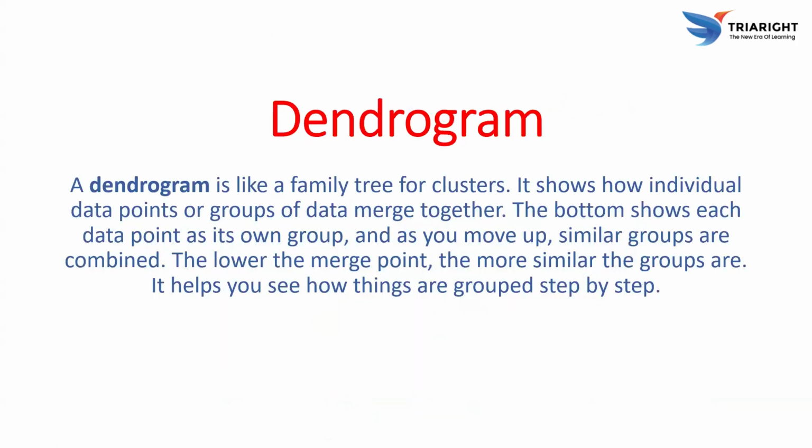So now, what is a dendrogram? In the hierarchical algorithm, we can see here what a dendrogram is. A dendrogram is like a family tree for a cluster. It shows how individual data points or groups of data match together. The bottom shows each data point with its own group, and as you move up, similar groups are combined.